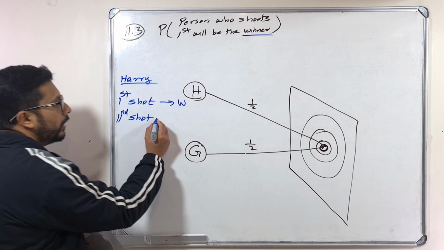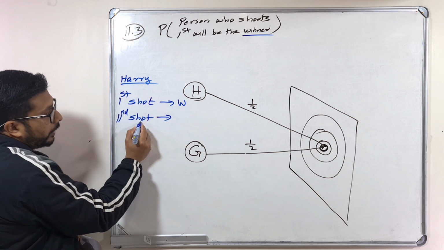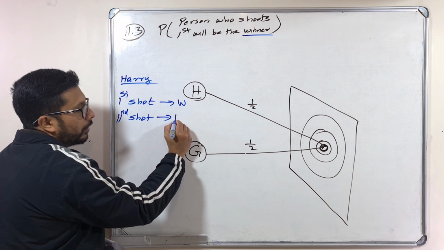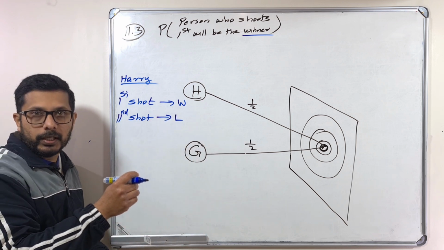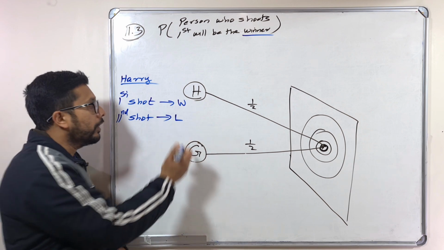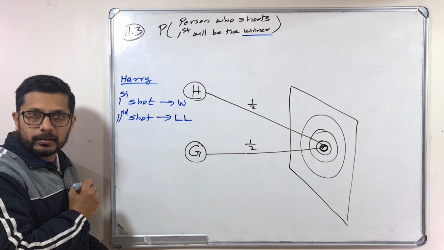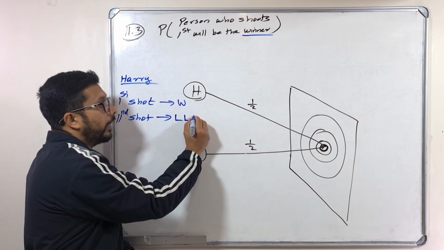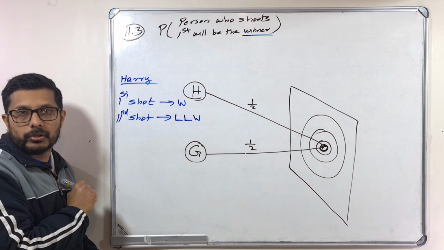So to get the second shot for Harry, first assume that Harry loses that first shot. Then it will go to Glenda. Then assume that Glenda also loses that chance. Then Harry's second chance will come, and assume that Harry wins on the second shot.